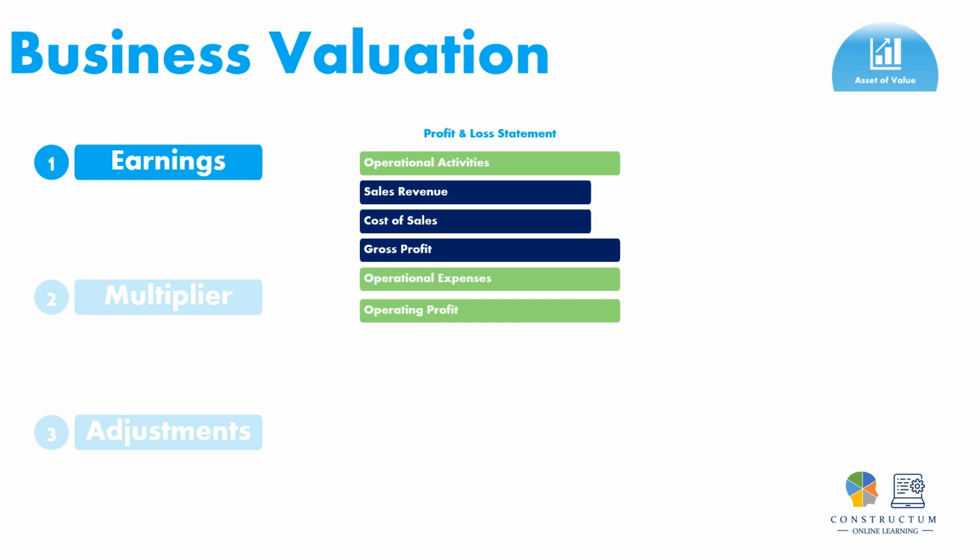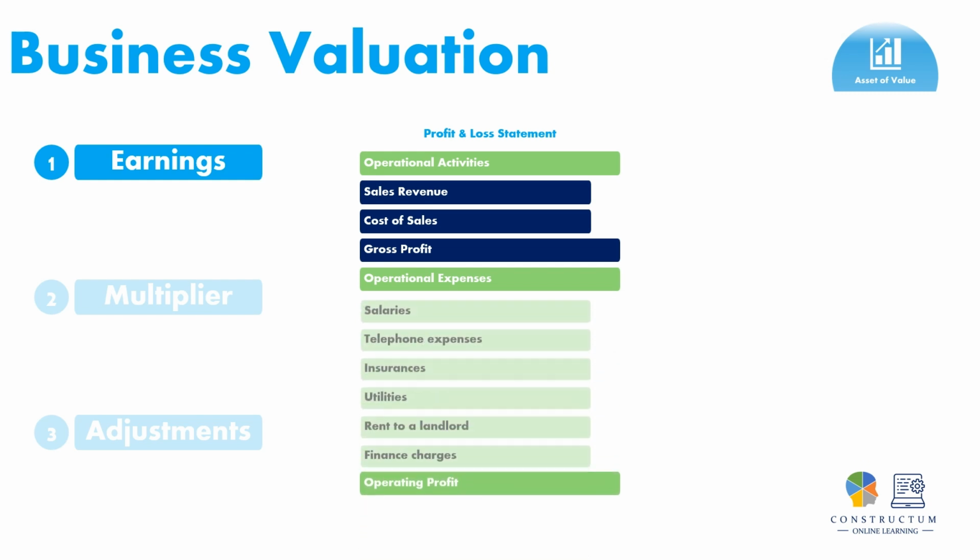But operational income, as per the profit and loss statement, does not always reflect earnings realistically. Business owners commonly run expenses as operational expenses through the business account that may be best described as superfluous.